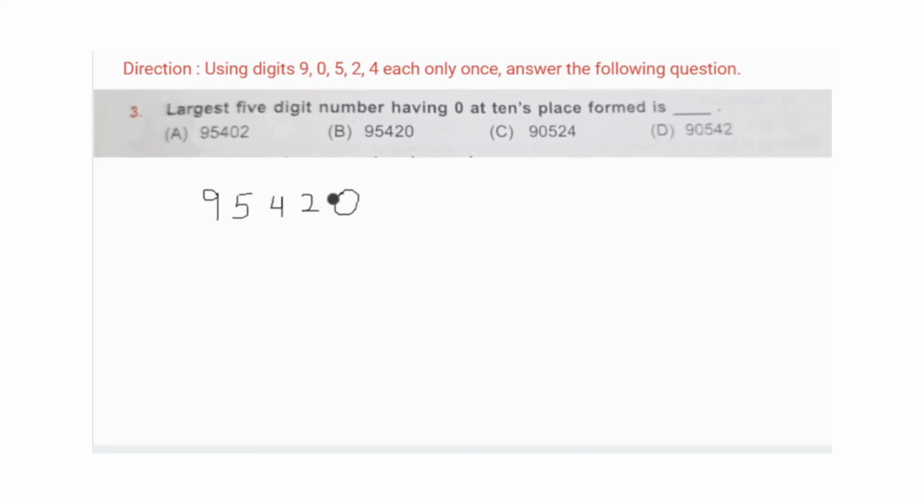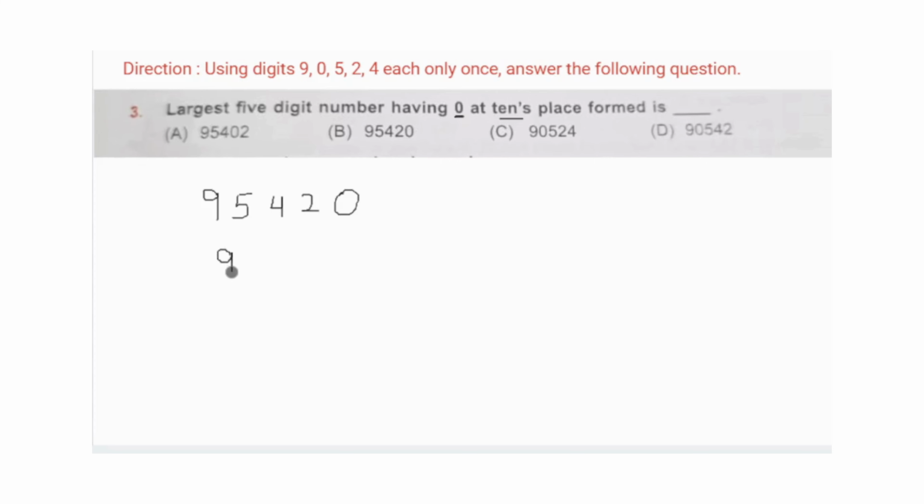So if we just see the following number, we feel the answer B is correct. But the question, if you read it carefully, says largest 5-digit number having 0 in the tens place. So now we need to make sure that 0 is always in the tens place. Let's reconstruct the number with 0 in the tens place.